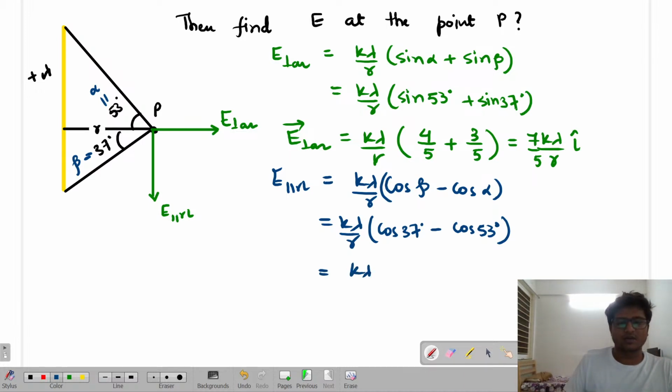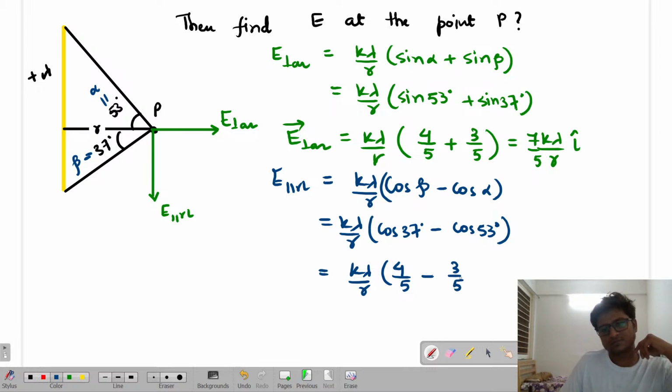So this is k lambda by r times 4 by 5 minus 3 by 5, but this is along minus j cap.